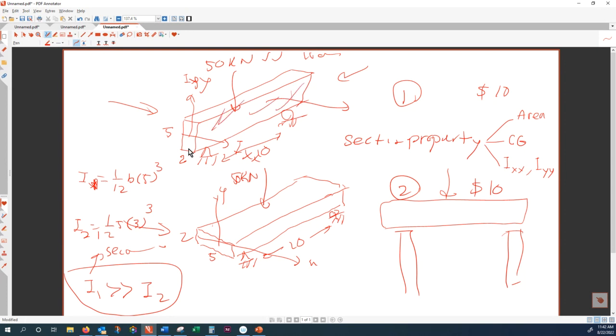I mean, both configurations have the same weight of the material, the same length, same material. Also, it depends on some section properties. In this case, it depends on the moment of inertia. All right? I'm telling you, the larger the moment of inertia, the stronger the structure. Okay?